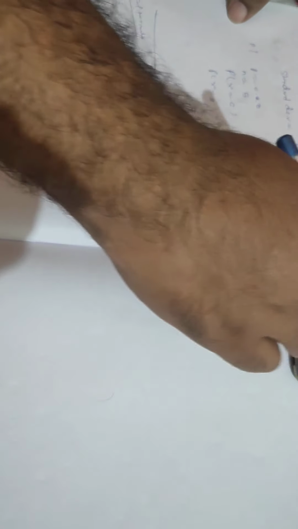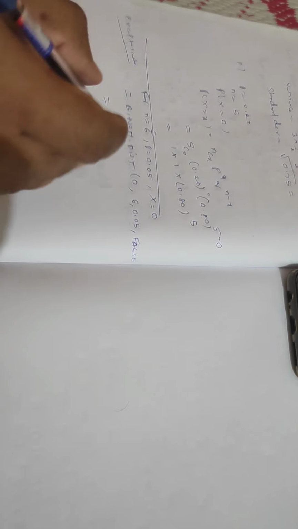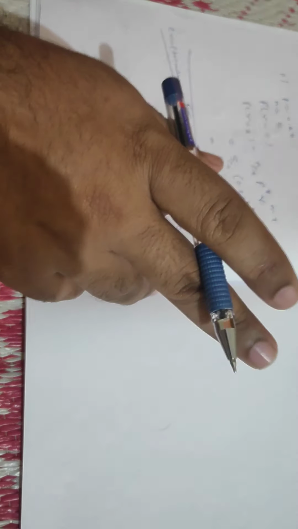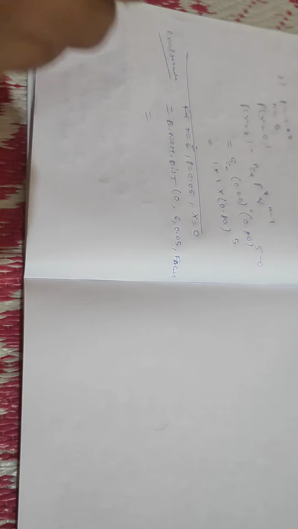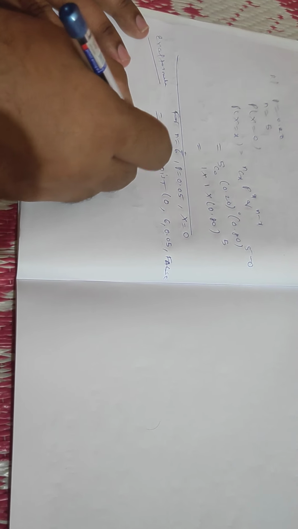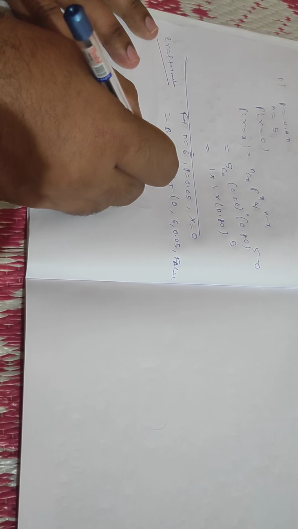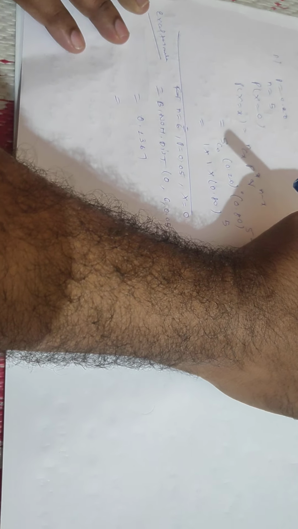If they ask for rounding, they'll ask you to round to 3 decimals or 4 decimals. Normally they follow 4 decimals. If they specify 3 decimals, you have to round it off. For example, this value, how much did you get? 0.7351.